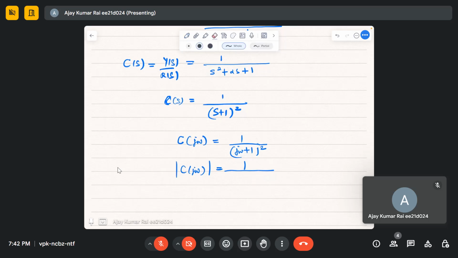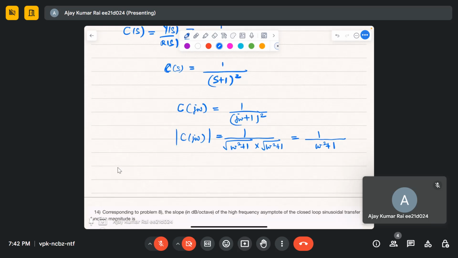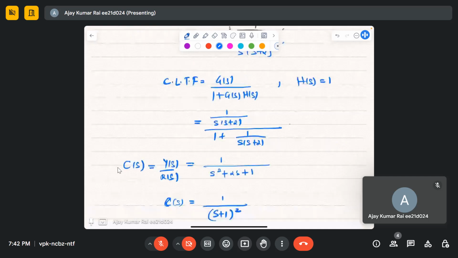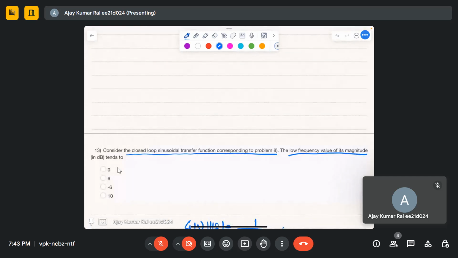So this is squared, right? So you can write like this. In the question it's asked for the low frequency asymptote value in the magnitude plot, right?